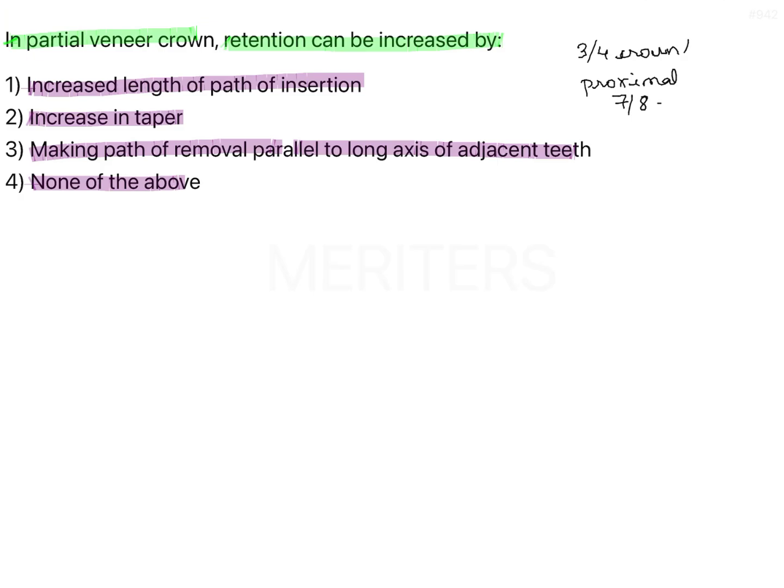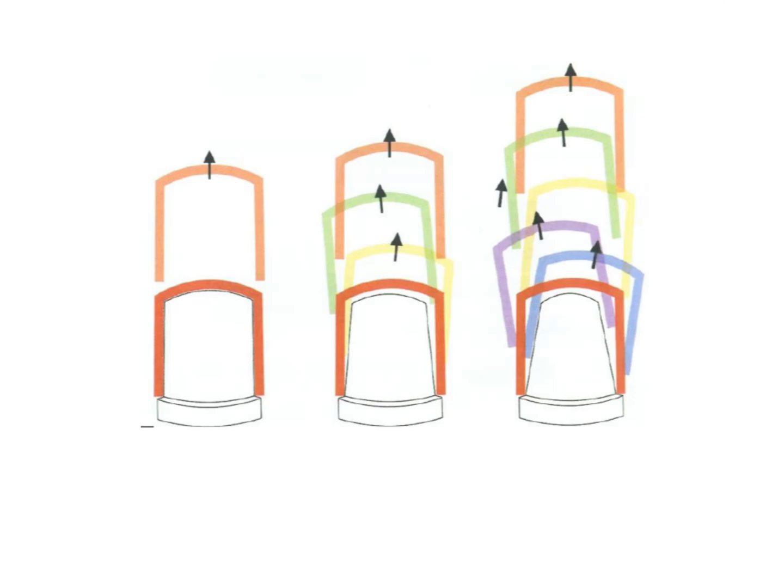Now, when we talk of an entire tooth as a whole assembly, we talk about path of draw. In case of complete coverage crowns, we consider them as cylinders. Okay, so path of insertion or path of draw is an important parameter. That means how easily can the restoration come out.